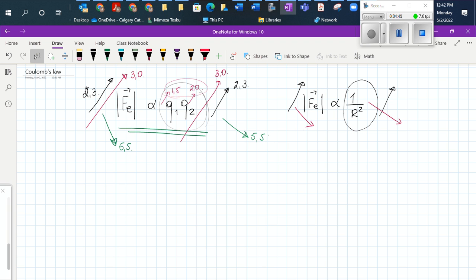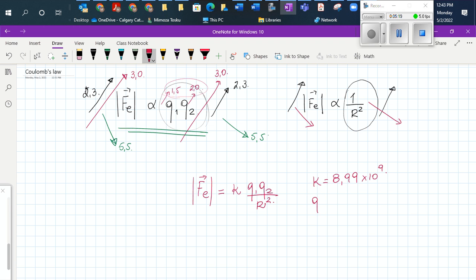When you make them equal to each other, this is what Coulomb found: the magnitude of the electrostatic force between the two charges is equal to K, which is Coulomb's constant, times Q1 Q2 over R squared, where K is Coulomb's constant, and it is in your data booklet as 8.99 times 10 to the power of 9.